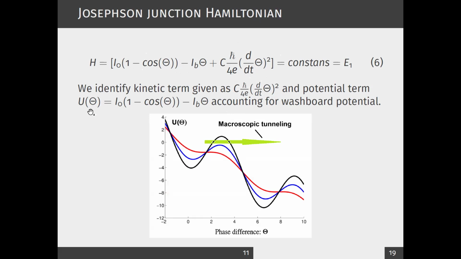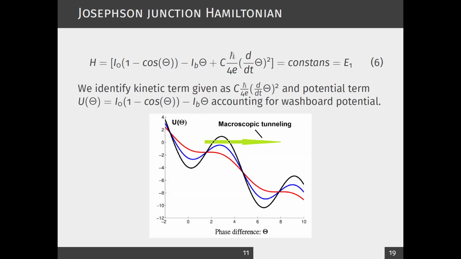So we define a new quantity U of theta. So we have this: 1 minus cosine theta minus IB theta. And such a term is nothing else than the washboard potential.